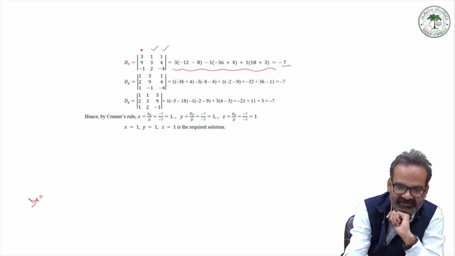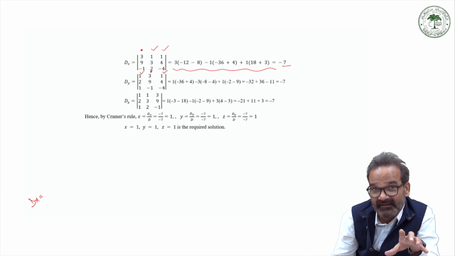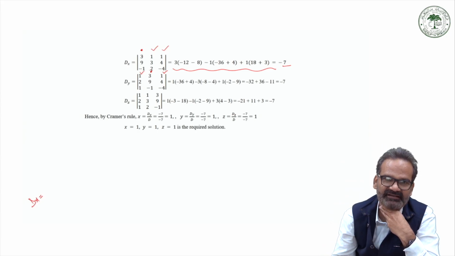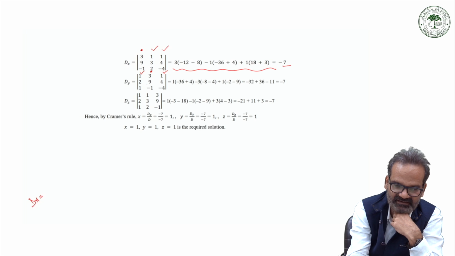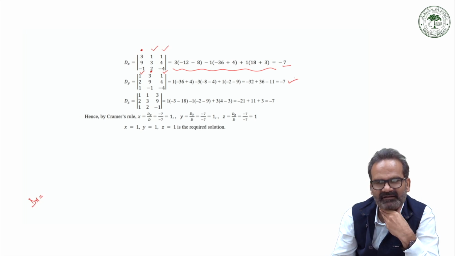Now to find out Dy, the first and third column will remain as it is. We will change the second column of the determinant D by the terms at the right hand side of the given equations, that is 3, 9 and minus 1. So this is our Dy. Simplify it. Expand this determinant along any row or any column. You will get its value again 7.